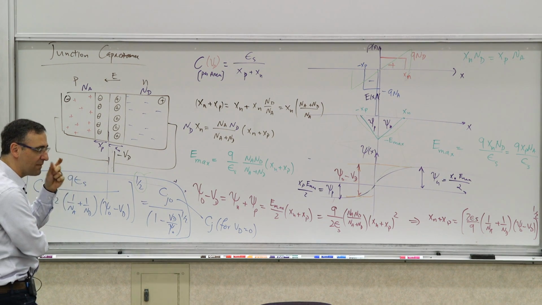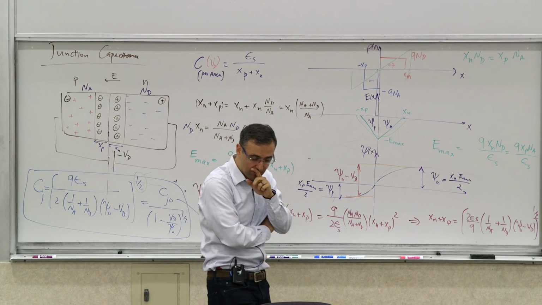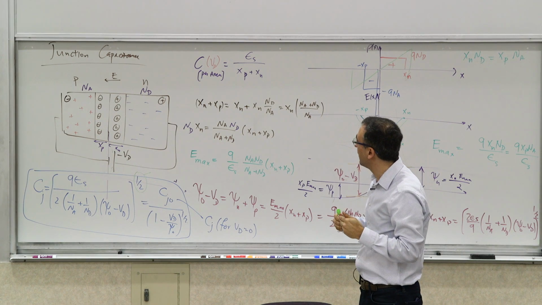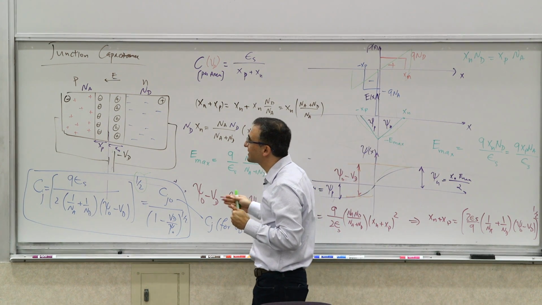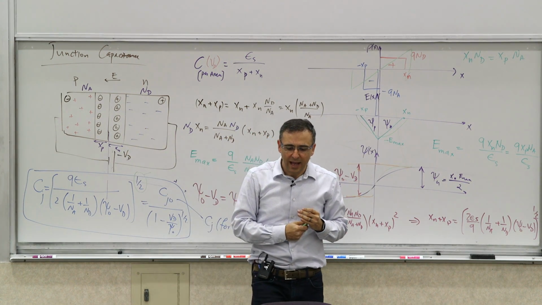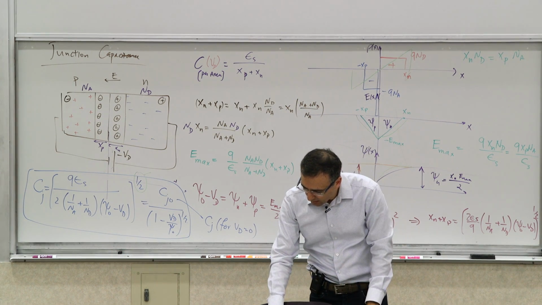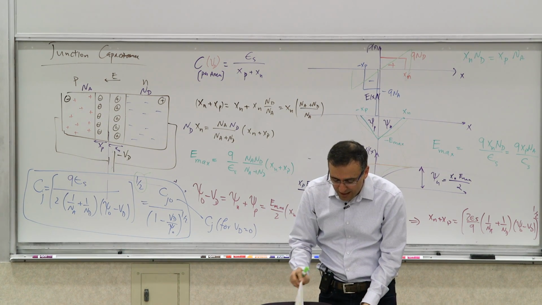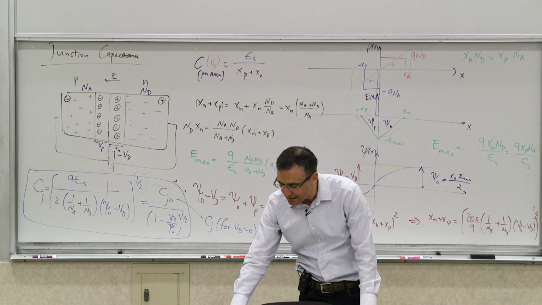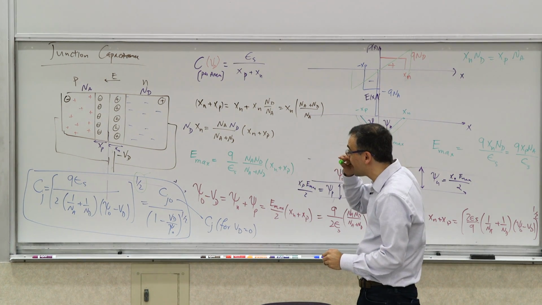So if you wanted to measure the profile of the junction, this would be the way to do it. Now, this is an important parameter. Now, this capacitance, if you look at this capacitance, this is not a linear capacitor, right?